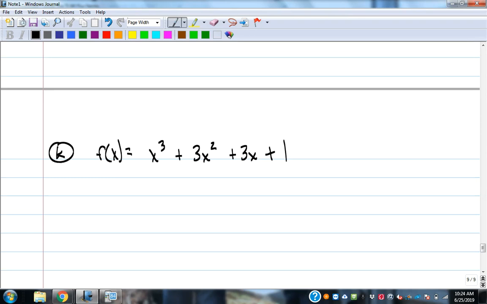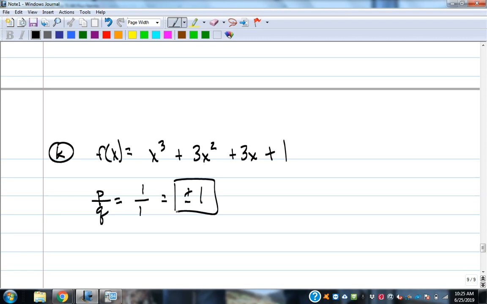Let's use P over Q list again. This was a quick P over Q list because it's 1 and 1. So that's just plus or minus 1. That's our P over Q. Positive or -1. Okay, one of those two.